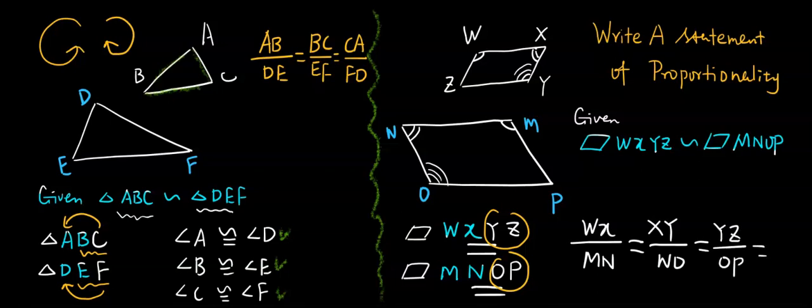Last one. I'm going to write this direction. I'm going to write ZW to PM. That's it. Of course, you might want to say, can I say WZ to MP?